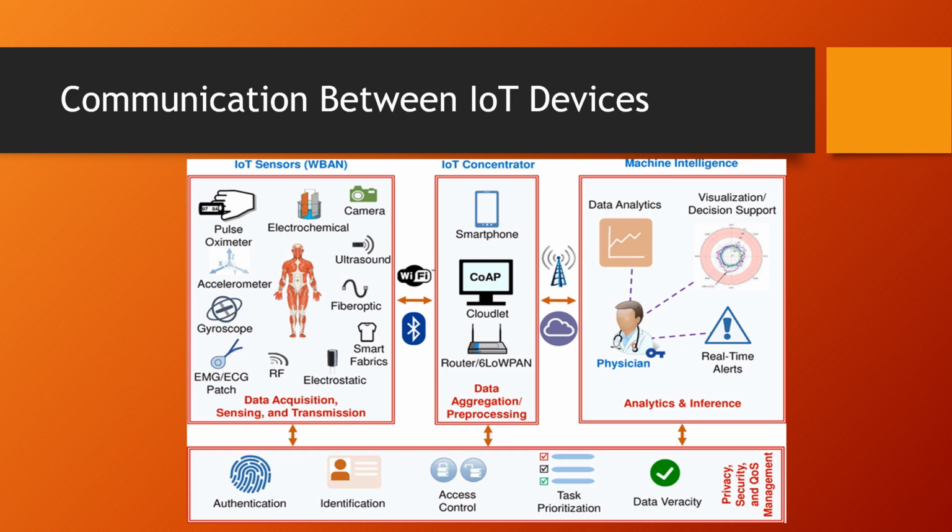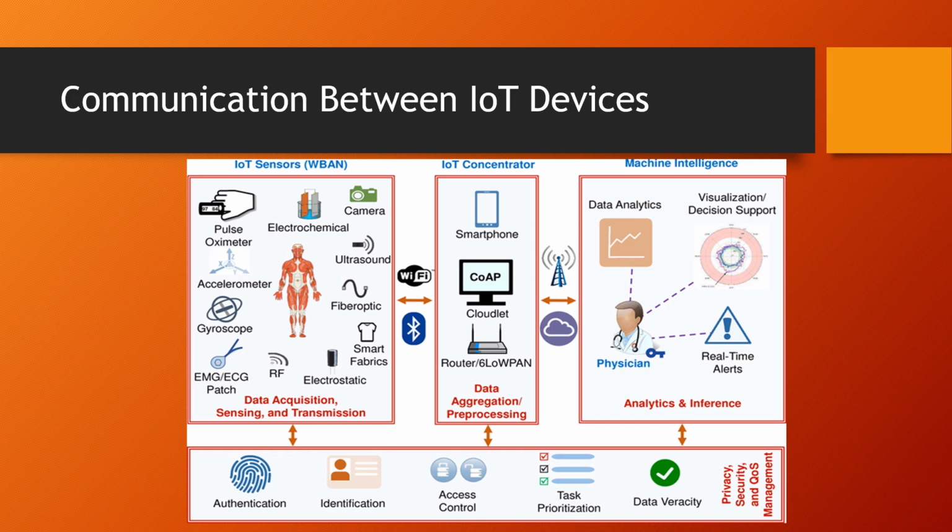So here's a picture of the communication between IoT devices. Let's say, for example, an electrostatic sensor collects data and scans the human body to find out if there's anything wrong. It can connect to the cloud through Bluetooth or Wi-Fi and send it to the cloudlet.